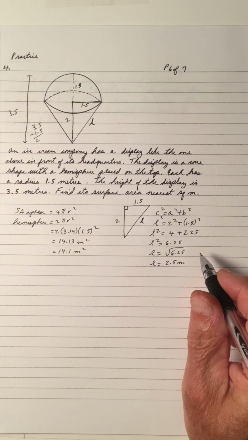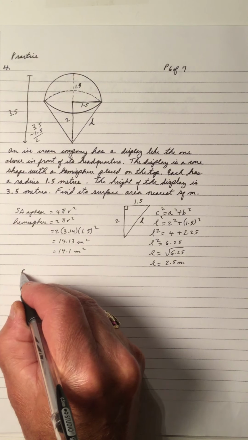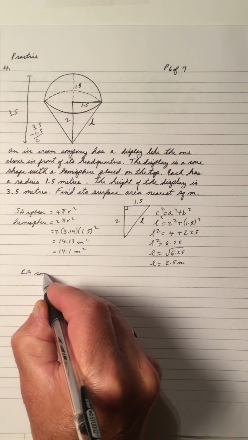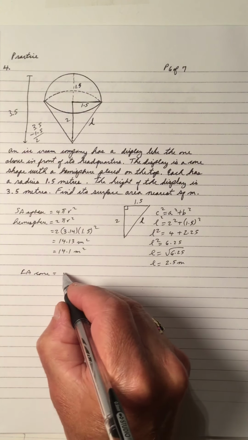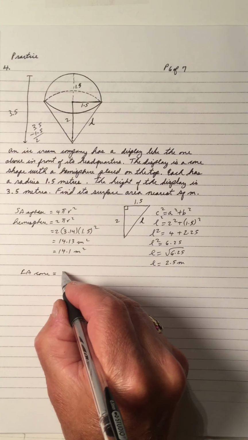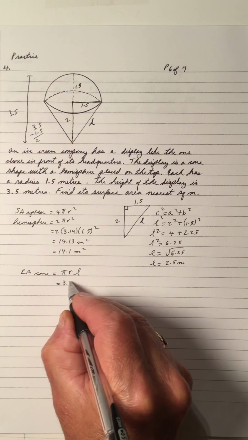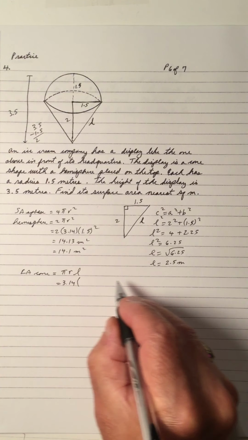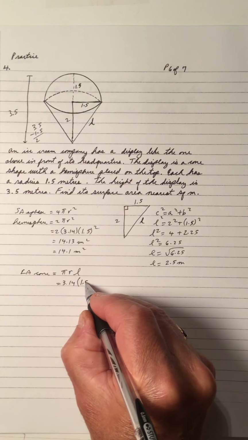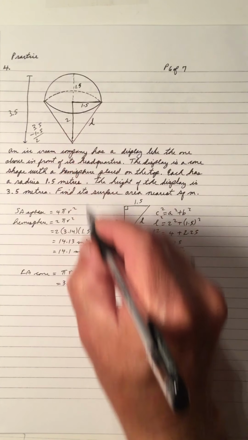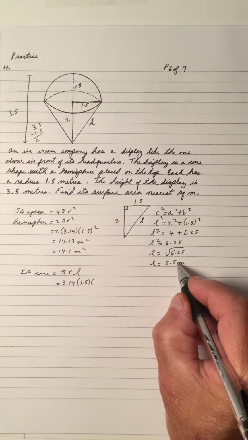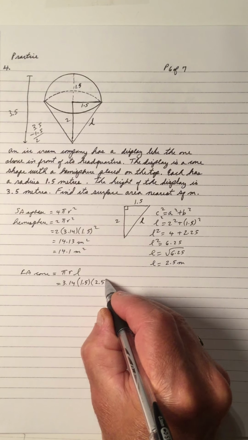So we need to get the surface area of a cone. So the lateral area of a cone is, again, that's a tricky one. It's pi r L, which is 3.14. R is 1.5. That's the radius of the cone. And the slant height, we worked it out to be 2.5.